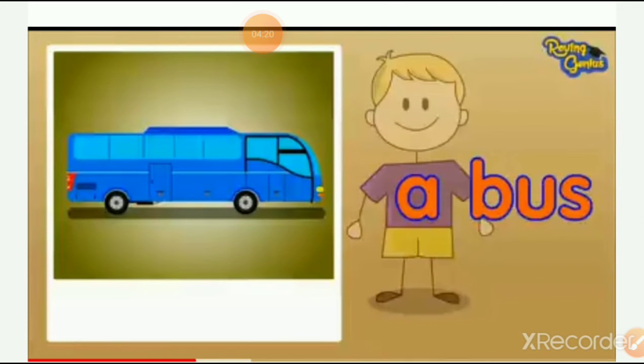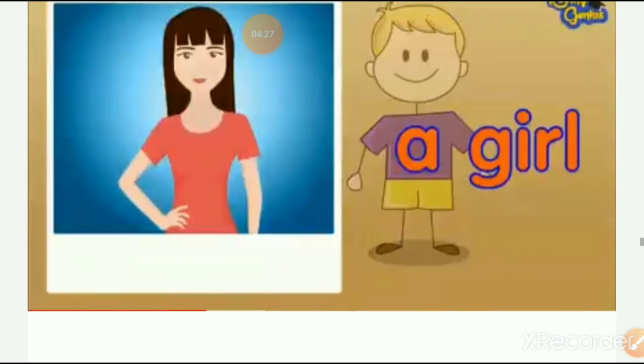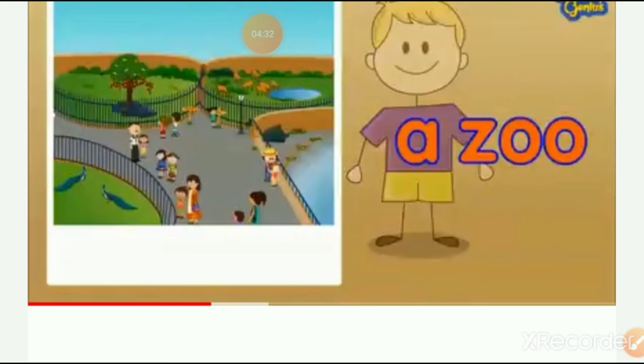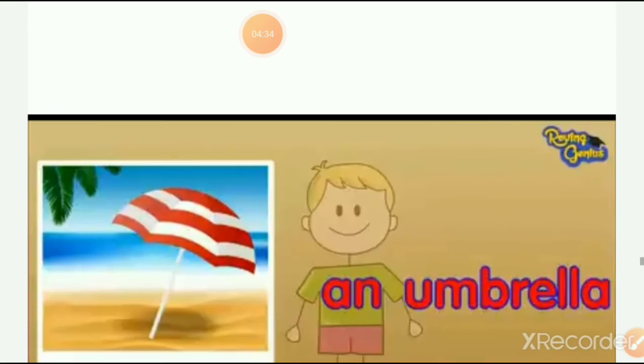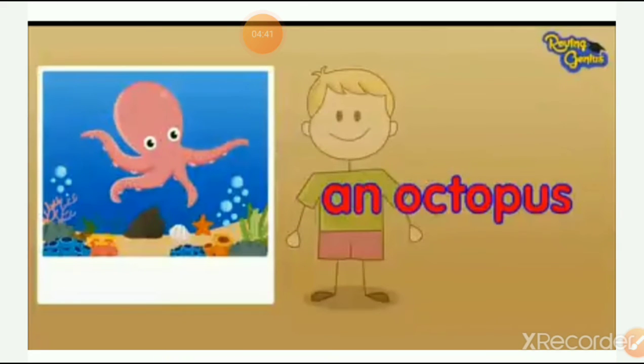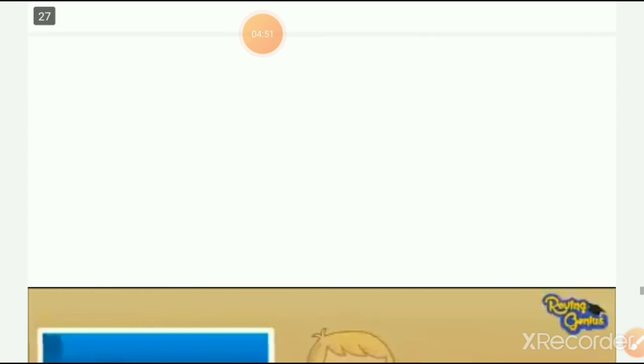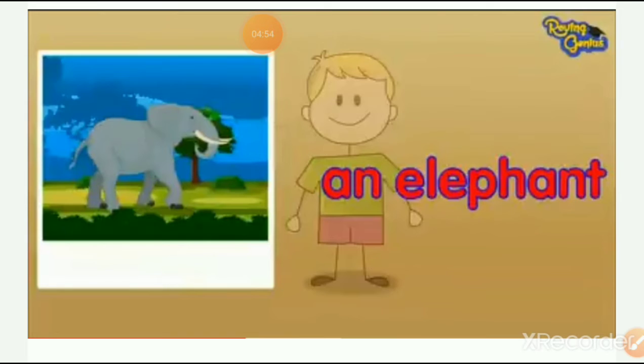For example, a bus, a cow, a girl, a zoo, an umbrella, an octopus, because O is a vowel, an ink bottle, an elephant.